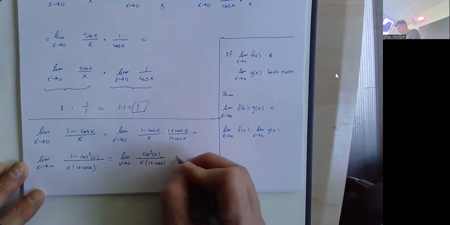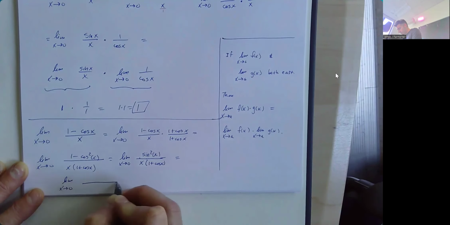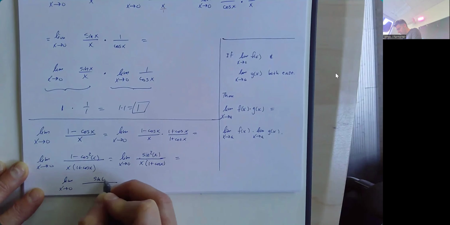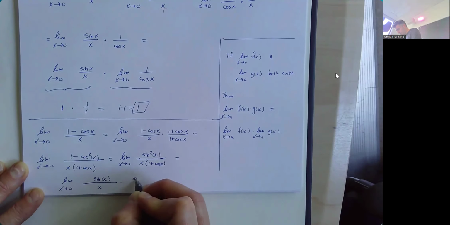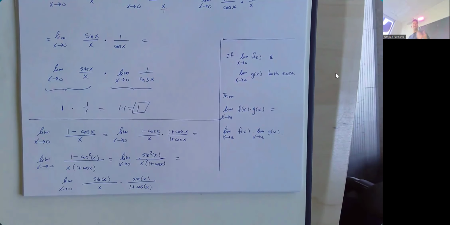I would like to break this up as sine of x over x times sine of x over 1 plus cosine of x. It's still the same thing. In the numerator, I still have sine times sine, which is sine squared. In the denominator, I still have x times 1 plus cosine, which is the same thing I had right there.